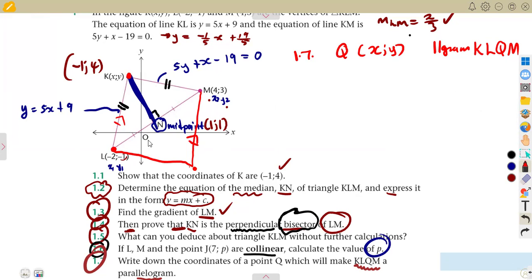If this is my point Q, referred to as XY, the midpoint, which is our N, is going to be common.